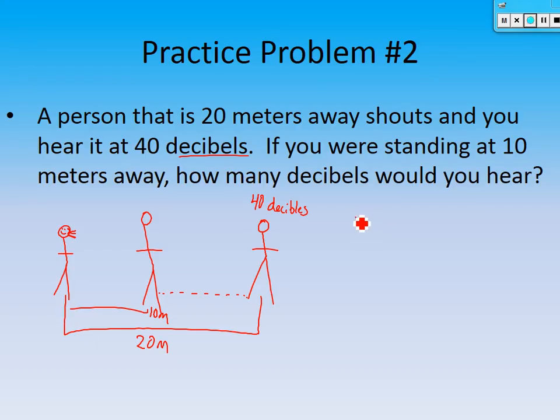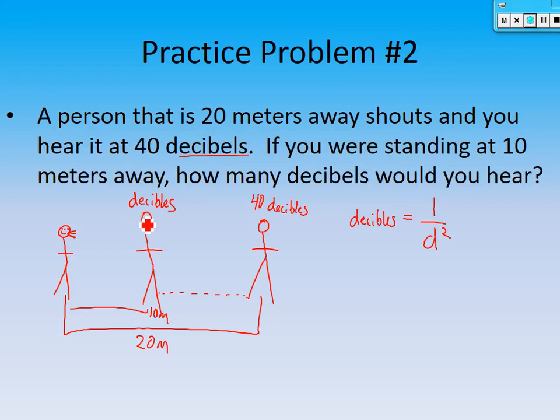So decibels, or sound, follows the inverse square law, 1 over d squared. And we can use the inverse square law to figure out what proportion it's going to change by. So we want to know how many decibels this guy hears it at.